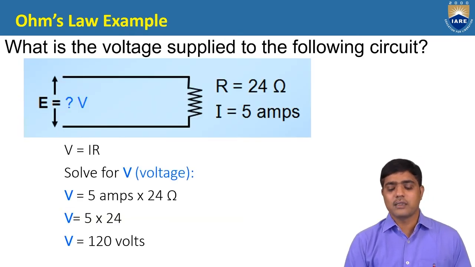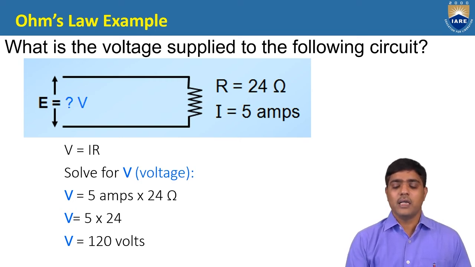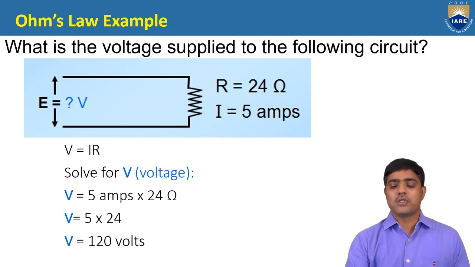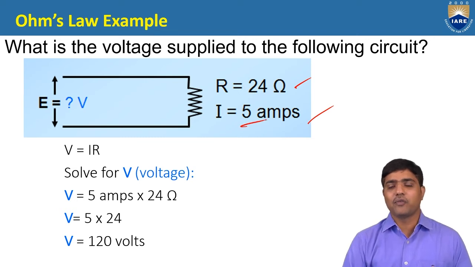This is a simple example to demonstrate Ohm's law. Here, this is the given circuit. The circuit has a resistance of 24 ohms and a current of 5 amps. Now we have to find the voltage applied to this circuit. By using Ohm's law, V equal to I into R. I is given, 5 amps, R is given, 24 ohms.